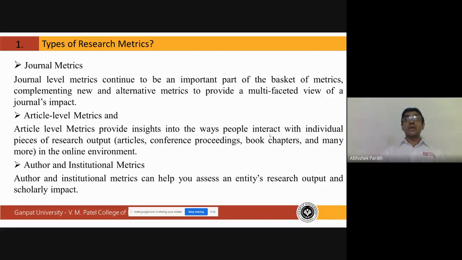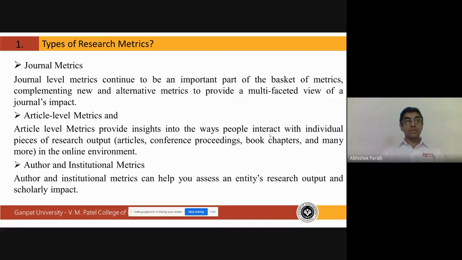One method is ABDC rating, whether it is A star, A, B, C, which category. Another method is whether it is Scopus listed or not, whether it is Web of Science listed or not. Again, what is the impact factor of the journal?